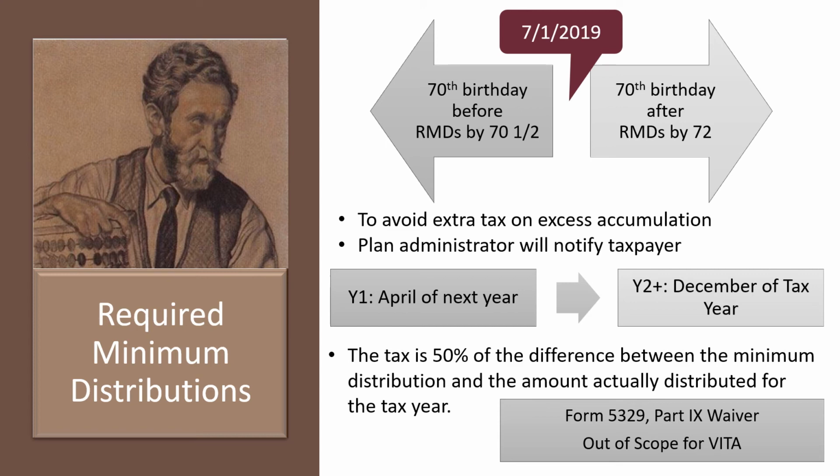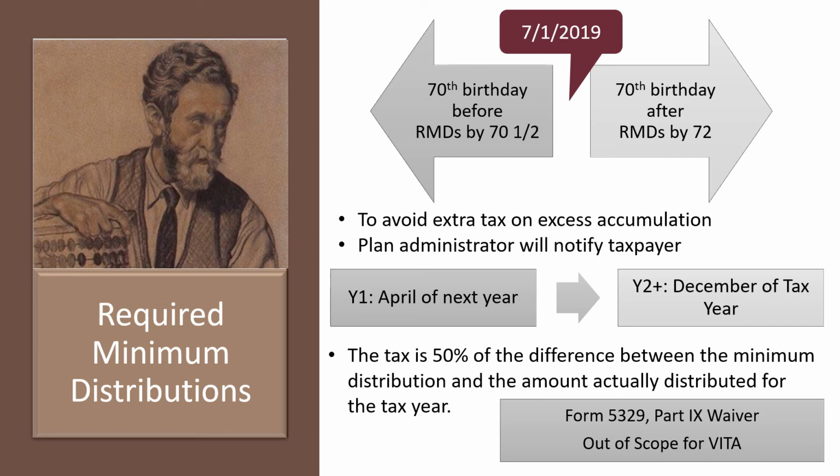The plan administrator should notify our taxpayers when they reach the age that they need to start taking money out of the account. They have what's called an RMD requirement.